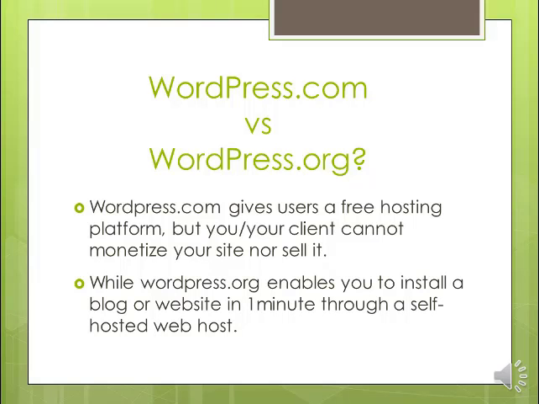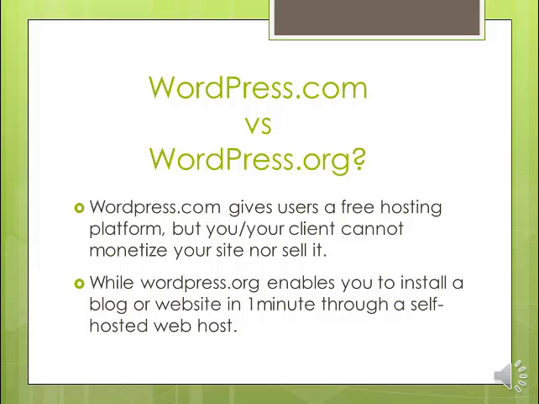Then we have wordpress.org, which enables you to install a blog or website in 1 minute through a self-hosted web host. In essence, you can download the WordPress software from wordpress.org and take it to your web host and install it there and start building your website.